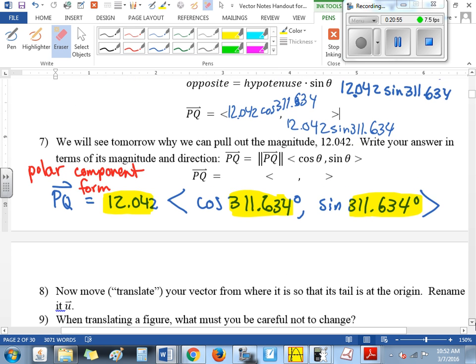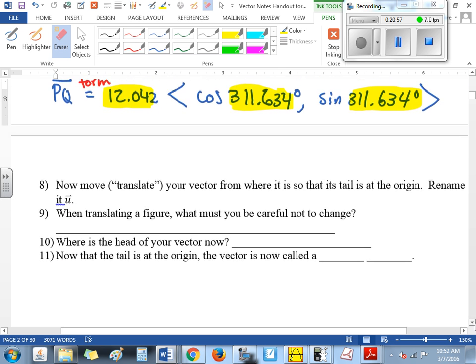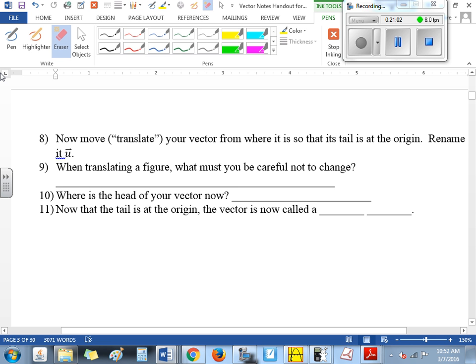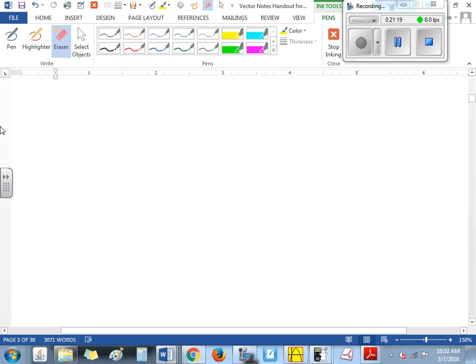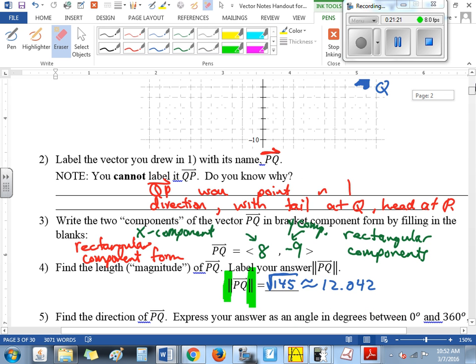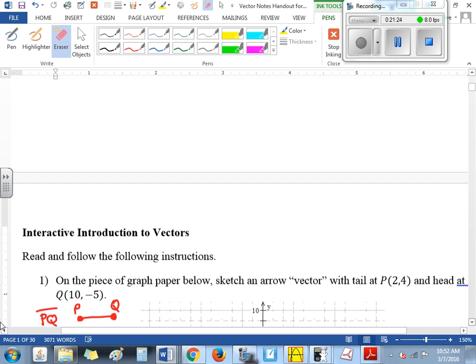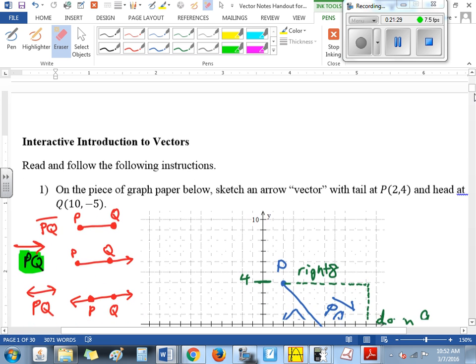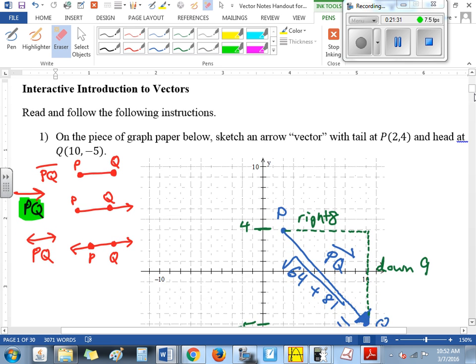Okay, so not really anything new in terms of how difficult it is, but here's something new. It says, now move your vector from where it is so that its tail is at the origin and rename it u. Okay, that's kind of interesting. We would never do this with a complex number, but what we're being asked to do is to move the vector so its tail is at the origin.